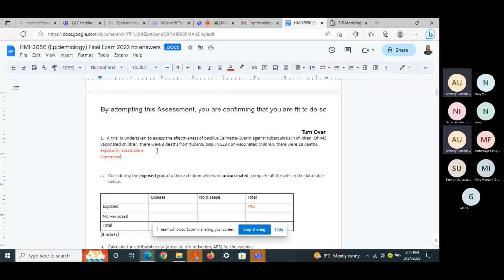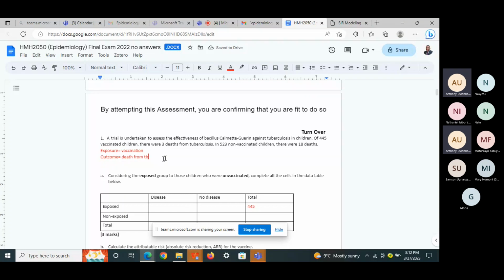We have identified the exposure as vaccination. Now we need to identify the outcome. Is it death? Yes, death is the outcome. So death from TB, that is the outcome.